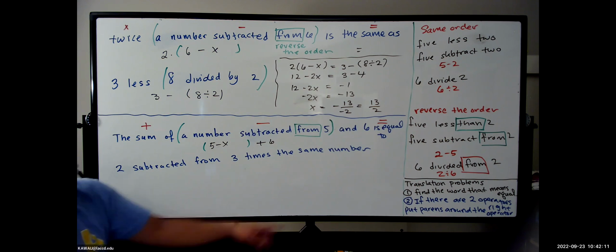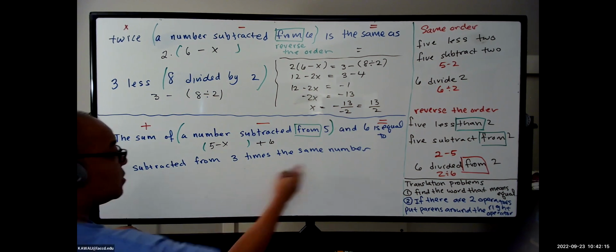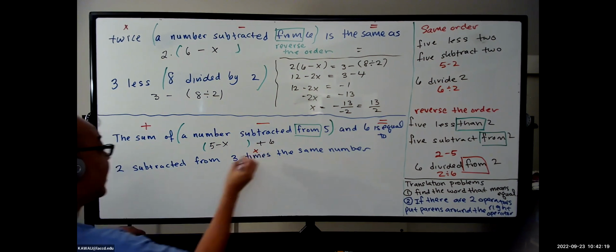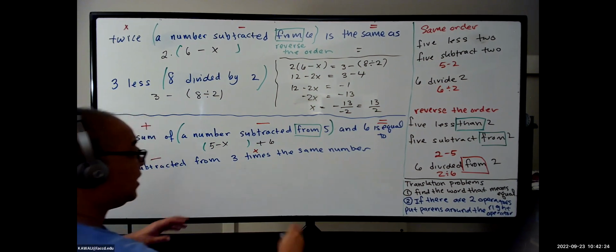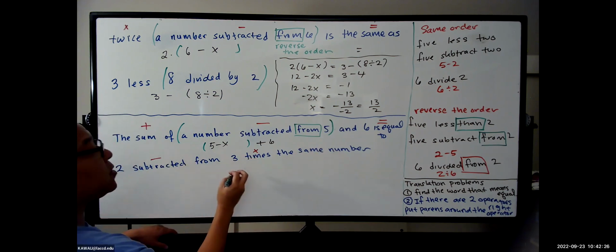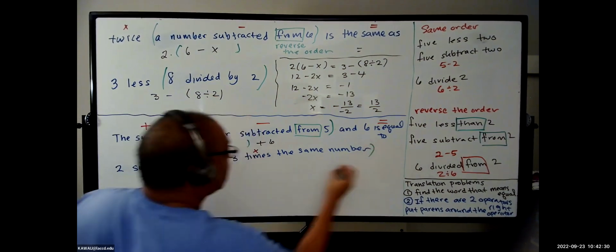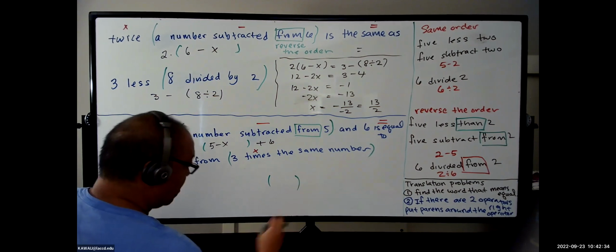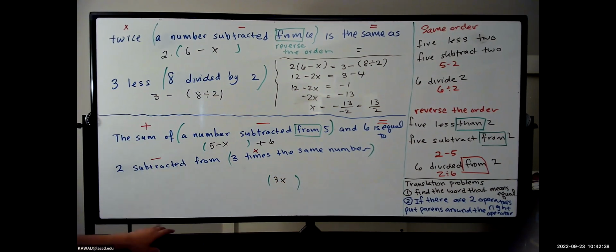Okay. Now let's do this one over here. Okay. So let's go backwards. What I have is a multiply and a subtract. What I'm going to do is go backward. We're going to do the multiply first: 3 times the same number. So we're going to go like this. Okay.